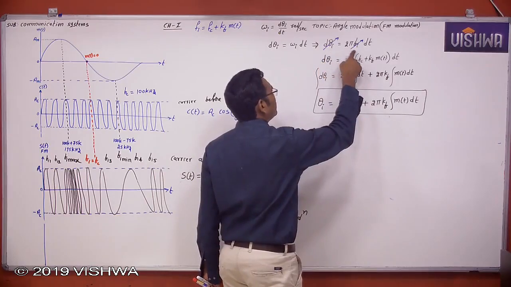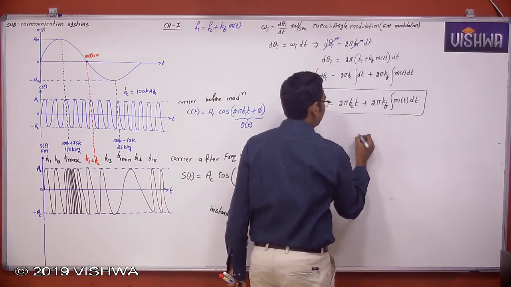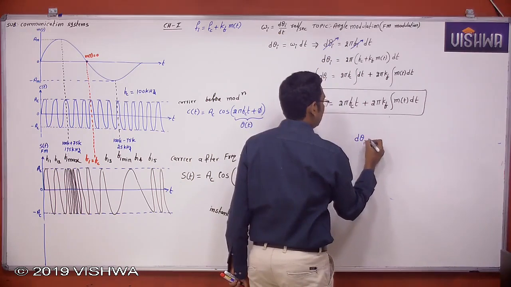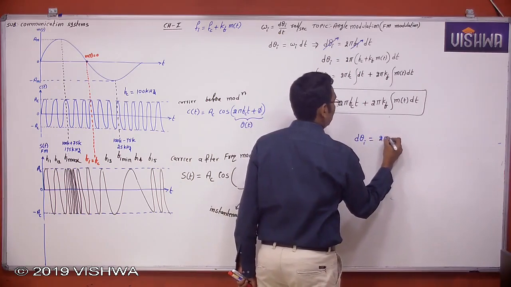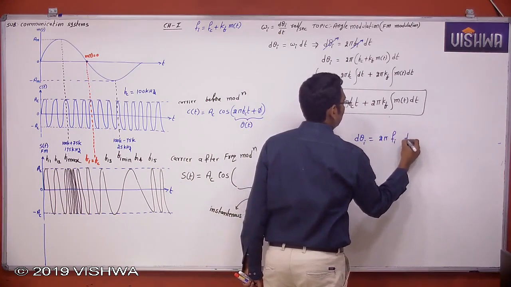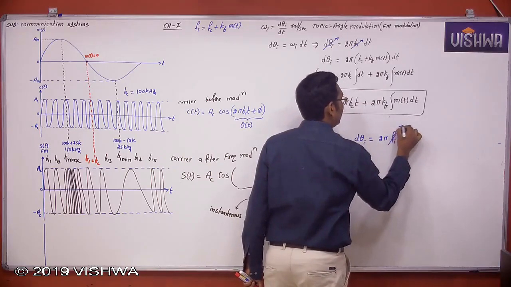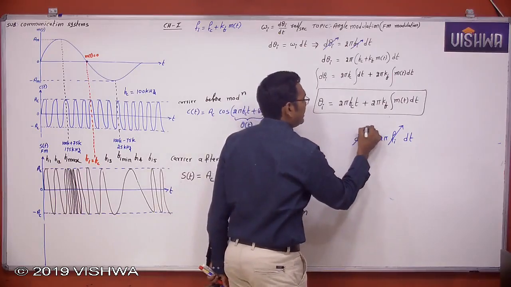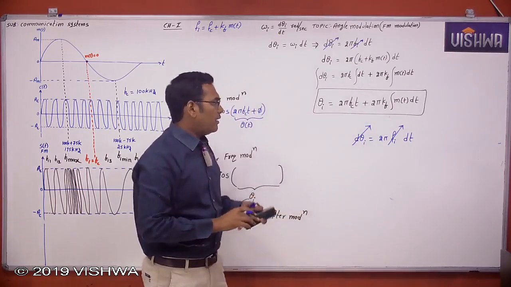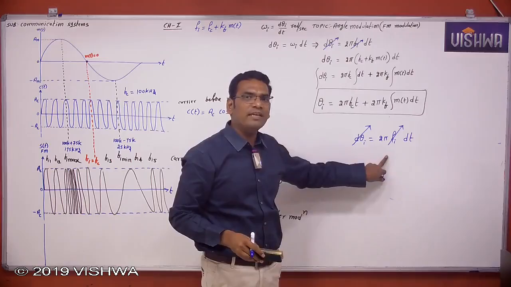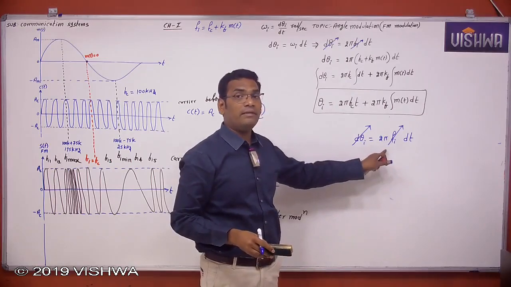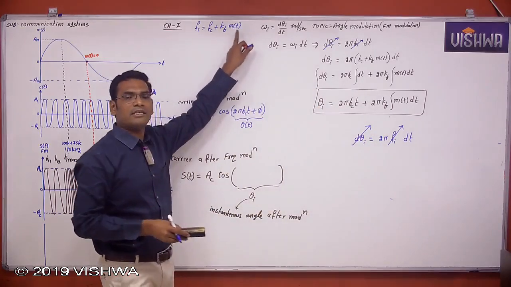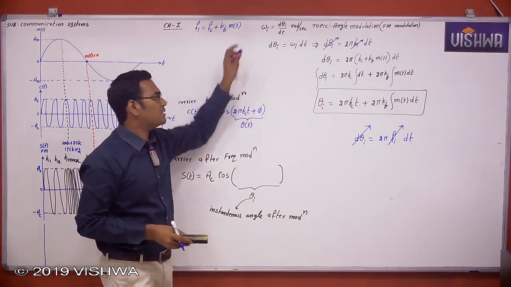When frequency changes, you can easily understand, when the instantaneous frequency is changing, the instantaneous angle also changes. This frequency is changing, the instantaneous frequency is changing in accordance with the amplitude of the message signal.